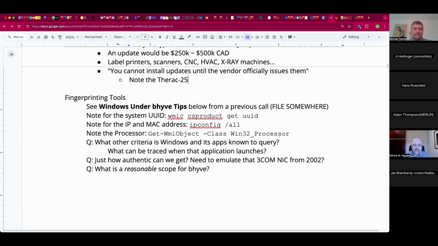THERAC-25. Basically, this company made radiation treatment machines, and their previous versions of it worked, and then when they upgraded to two different types, there was a bug in the new version that, if you made the wrong order of operations, would use a different kind of radiation with the wrong settings, and it would cause a way overexposure.